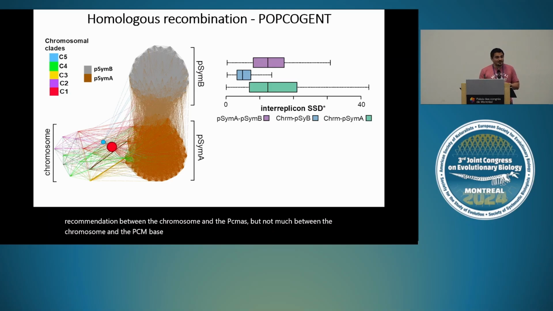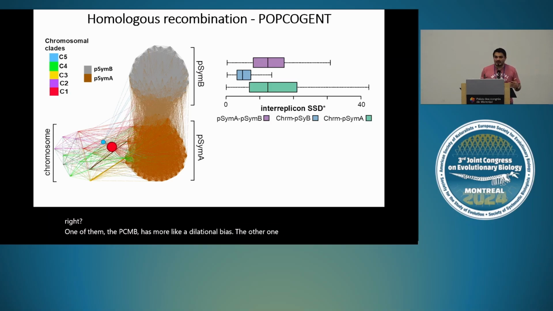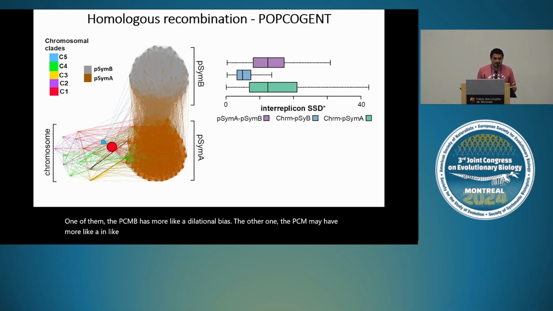We really don't know for sure why, but it may be related to their very different evolutionary histories. The PCMB has more of a deletional bias, and the PCMA has more of an insertional bias. But again, that's something to test.